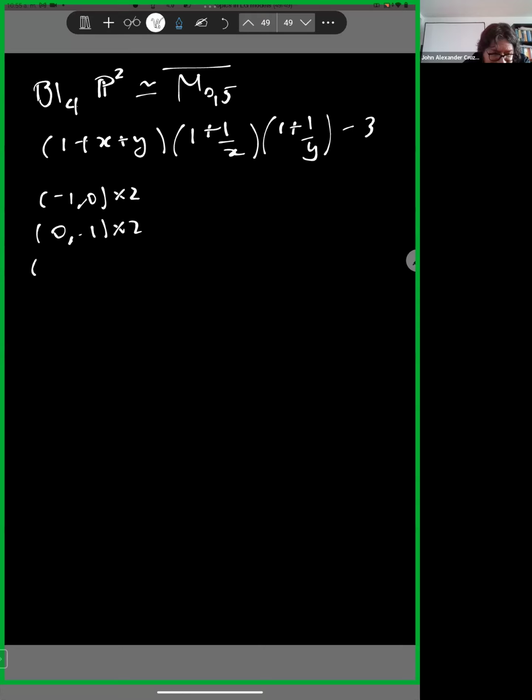And you have 1, 0, 0, 1, 1, 1. These are the directions of the mutation for this del Pezzo surface. And for the others, there are other cases, right? This is also interesting because this is a toric case, right? This is a toric del Pezzo surface, right?